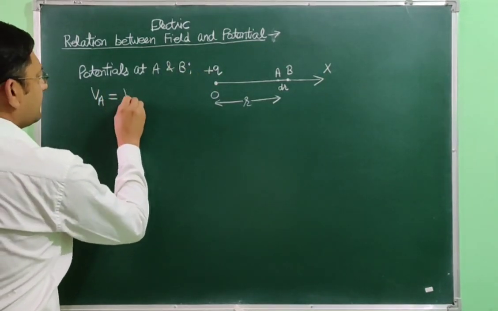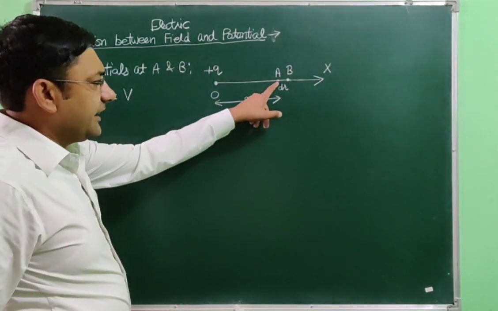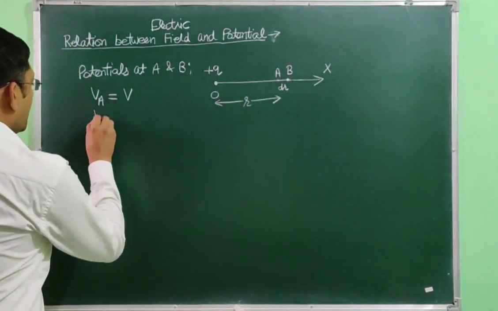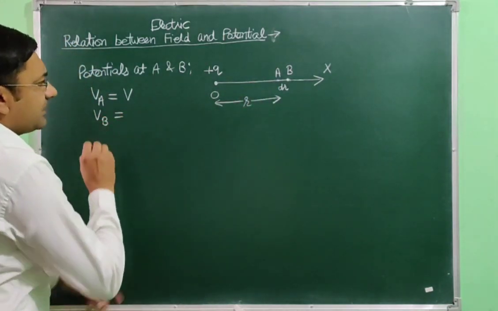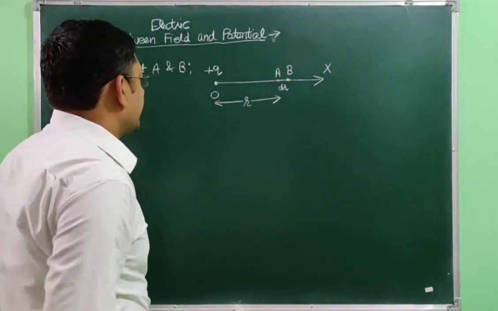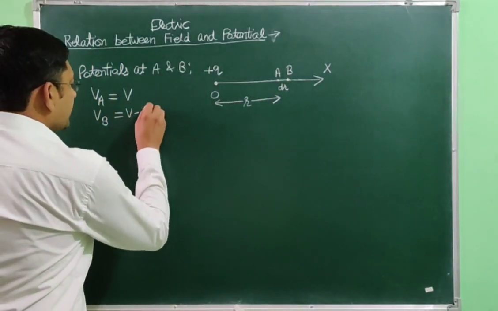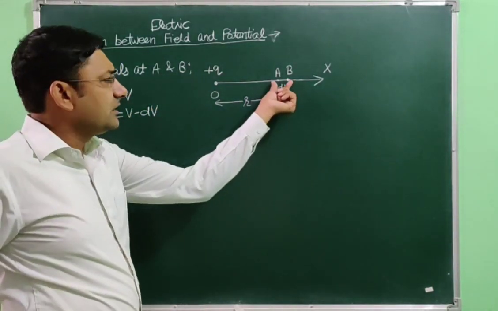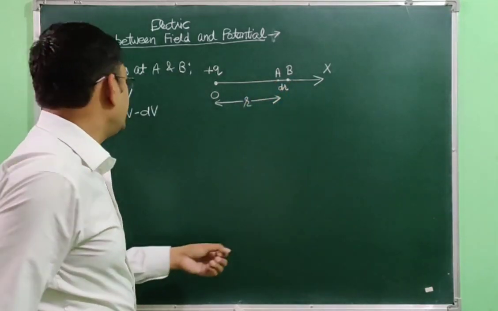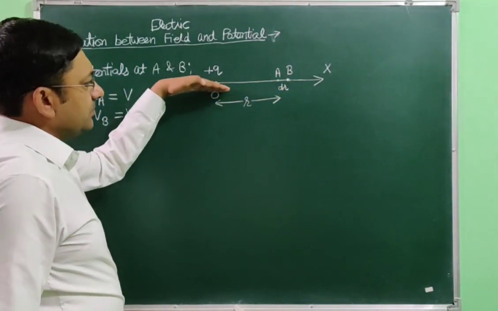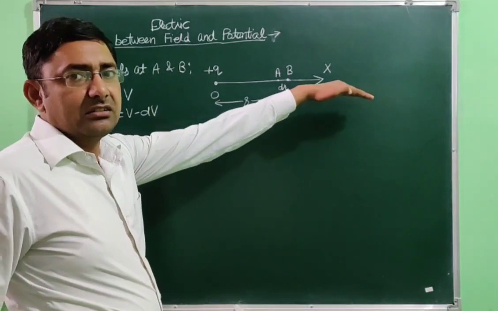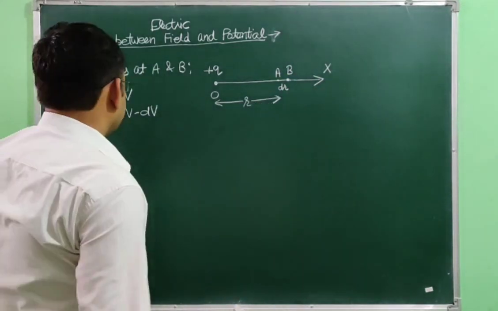I am taking potential at A is V. Then what will be potential at point B? At point B, that is V minus dV. Since difference is dV, so this will be V minus dV. Since potential decreases when r increases.